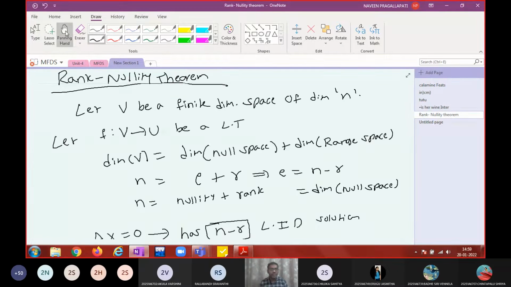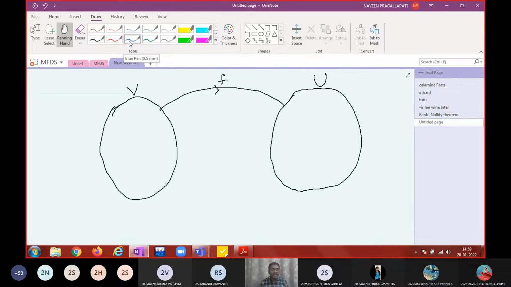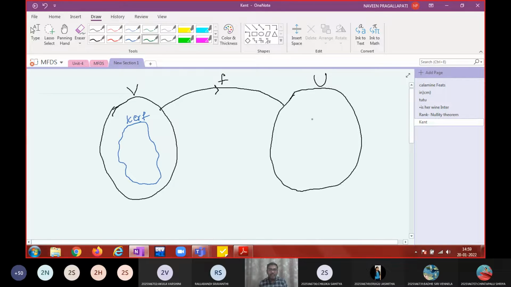I didn't assume anything on U. You observe, I only assumed that V is finite dimensional. So F is a linear transformation from a finite dimensional vector space V to another vector space U. So we have a kernel, which is a subspace of V. This is ker F. And we have a range space, which is a subspace of U. This is the image of F.